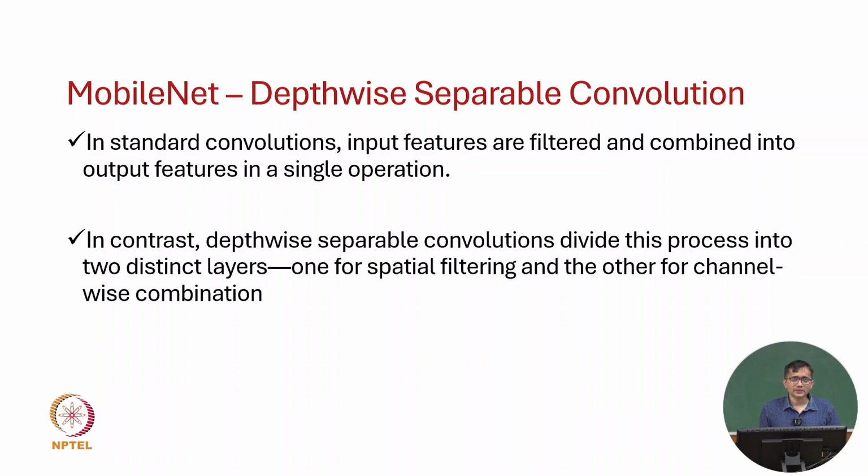In contrast, the depthwise separable convolution divides this process into two distinct functionalities, one for spatial filtering and the other for channel-wise combination. So how is it done?